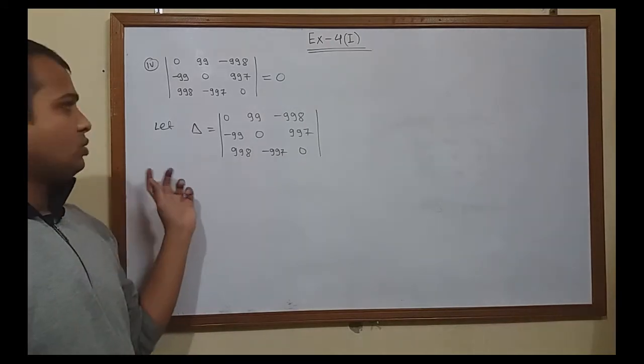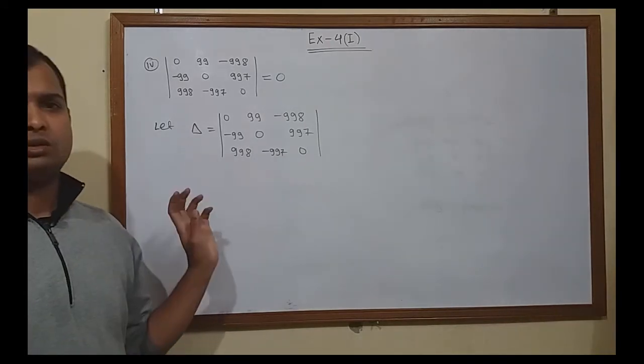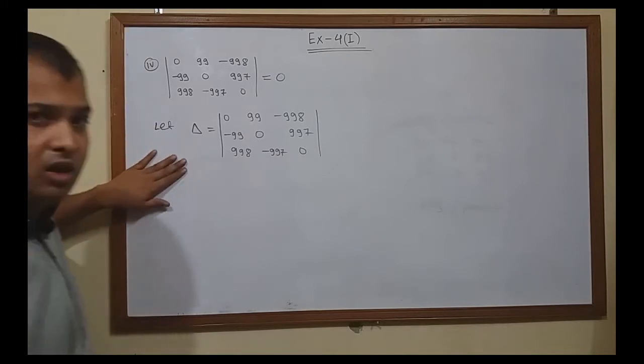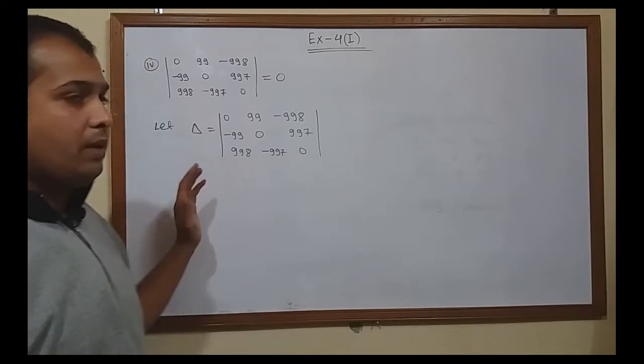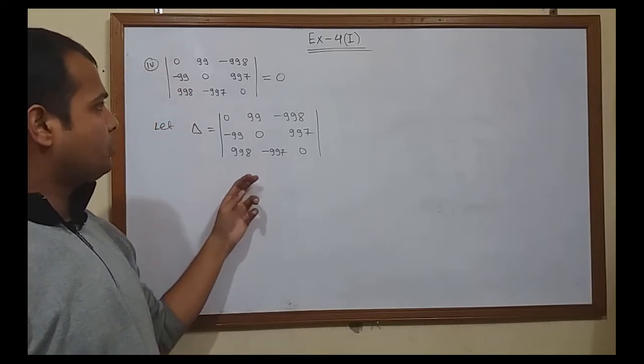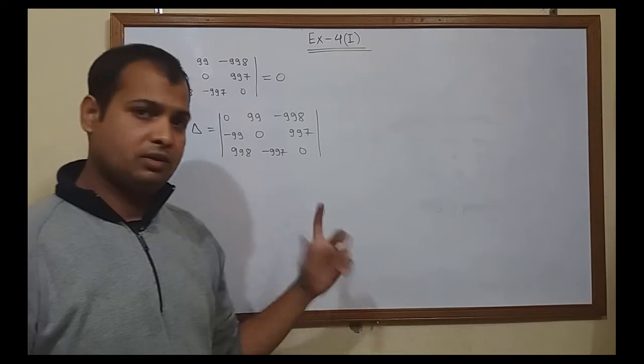I have just put delta equal to this, which is nothing but your left hand side. Now I am going to use properties on this, and at the end I'll be able to show that this is coming equal to 0.